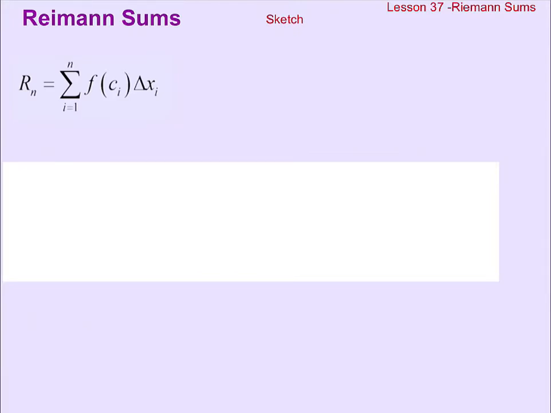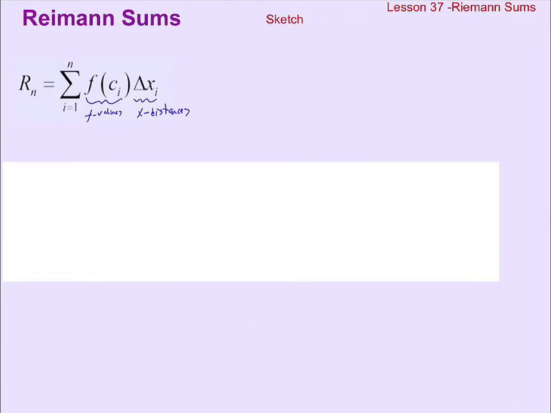Just the products themselves is called a Riemann sum. Here's the fancy notation for it. The Riemann sum is the sum of a bunch of y values times a bunch of x distances. So notice that that's the same two pieces as are in a definite integral. A y value times an x distance.